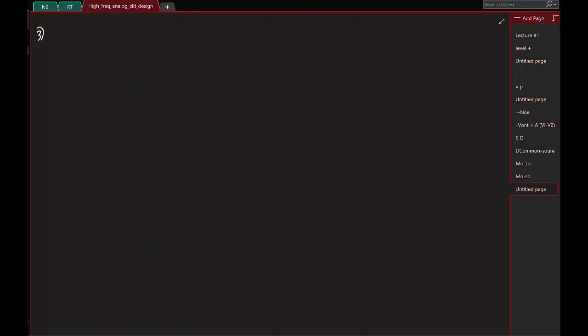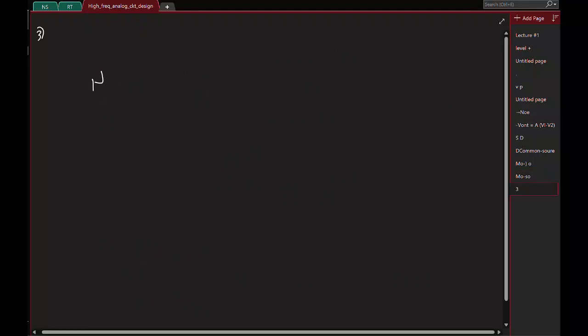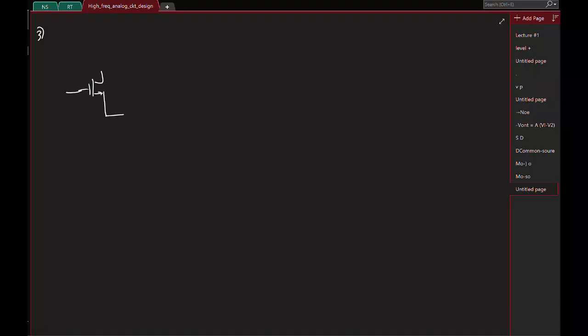Let's look at the last combination. So here I'll apply the input at the source, take the output at the drain. I'll short this guy, and this is the incremental picture. I'm not showing the DC biases. So I'm applying voltage V in at the source, and say I have a resistor RD like this.